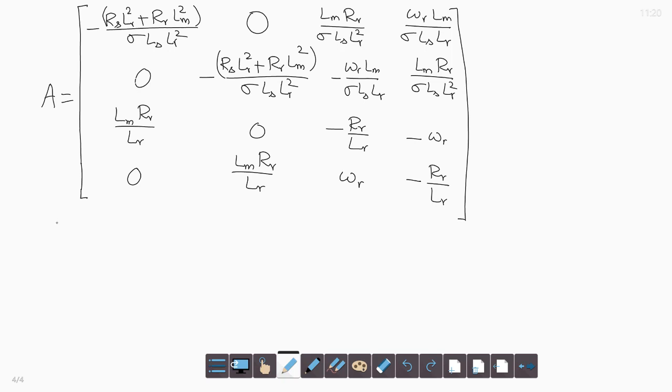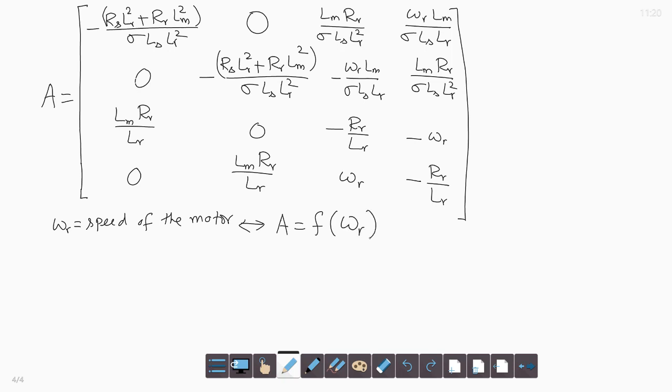So, omega r is the speed of the motor, and we can say state matrix A is a function of speed omega r.